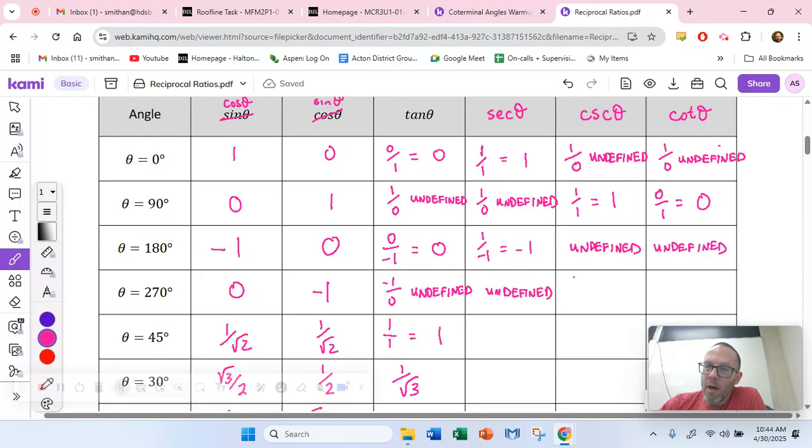The flip of -1, 1 over -1, that is a number. It's -1. And the cotangent of 270: tangent of 270 was undefined, flip it back, you get 0. All right, we made it out of the woods. We made it out of the tricky area.